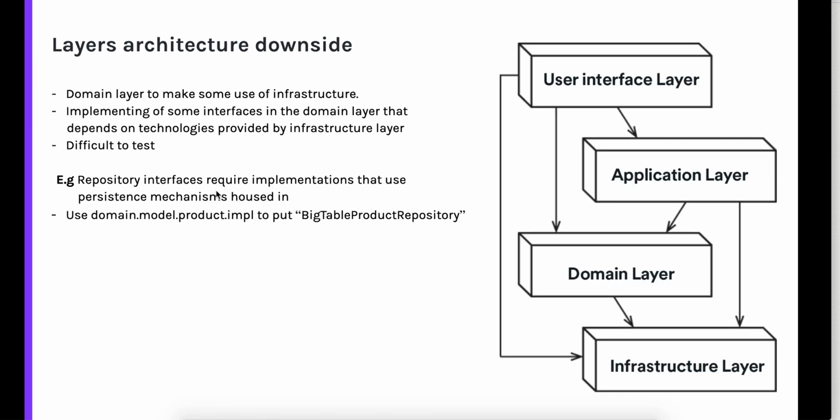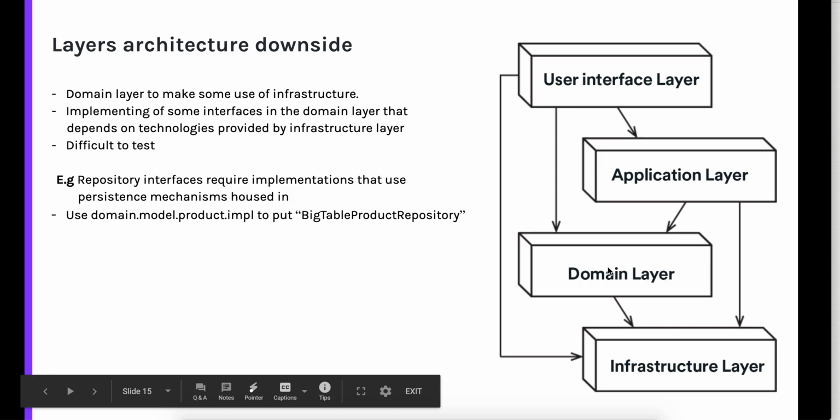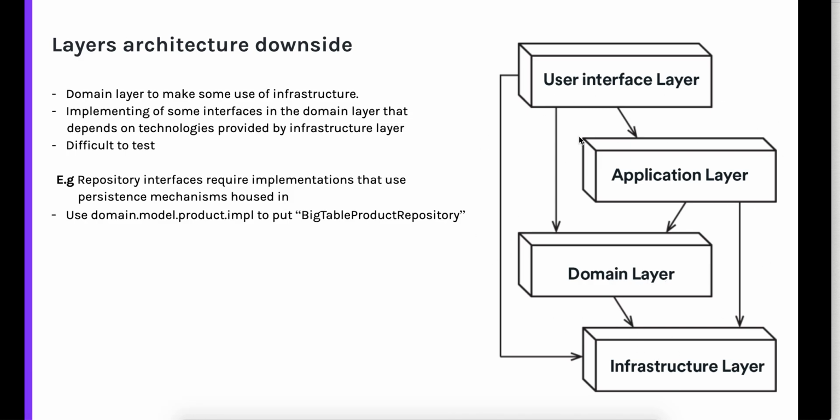Now, the layers architecture has some downsides. So let me tell you what the downside is. The domain layer is supposed to work with the infrastructure layer, because in the layers architecture, the only way these layers can couple is to themselves and the layers underneath. So the application layer cannot reference anything in the user interface layer, and the same goes for the domain layer.